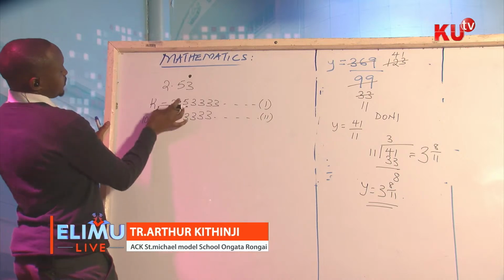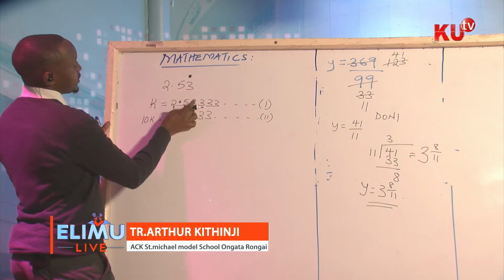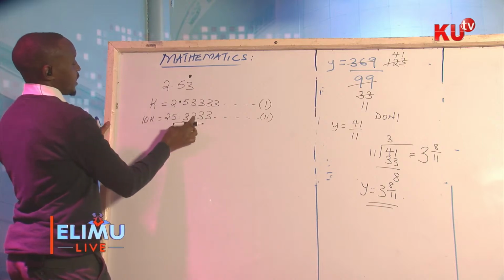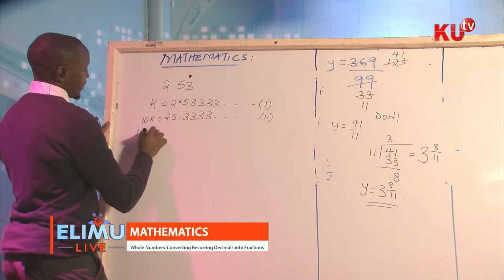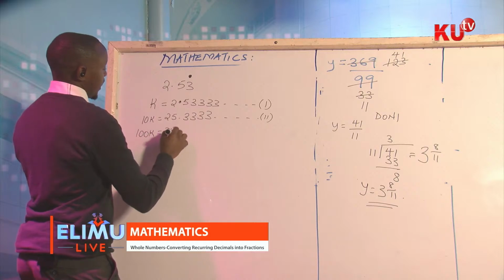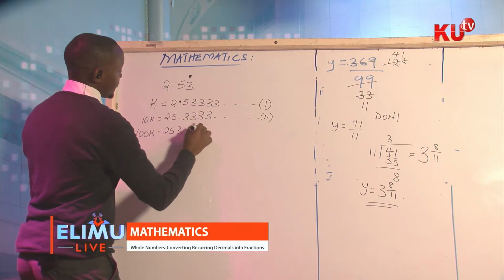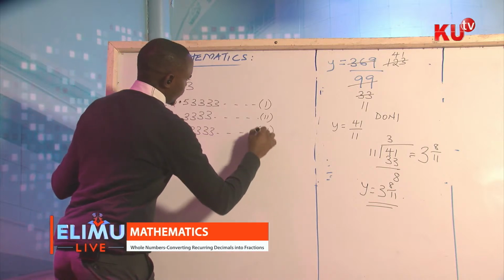But now, when we subtract equation 1 from 2, you will not get 0 because we have 5 after the decimal here and 3 here. So let's multiply by 100 instead, which makes it 253.3333, being our equation 3.